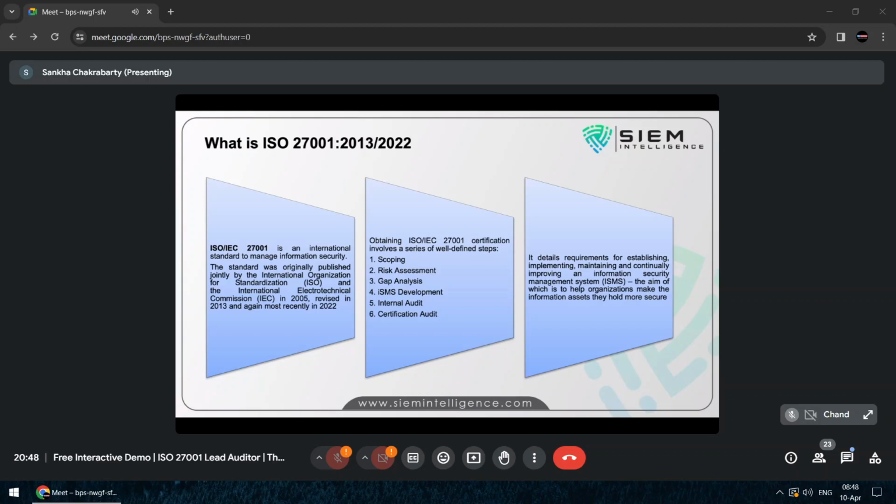Is it as a whole? Is it some parts of the business, some parts of the application? So this comes up with the concept of scoping. Whenever you are performing any audit or any implementation, you need to understand the scope, where you are going to implement.